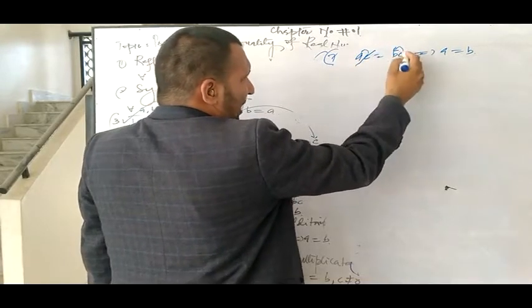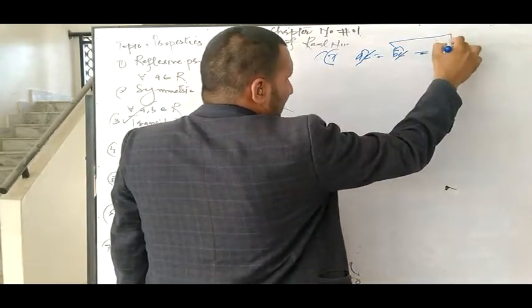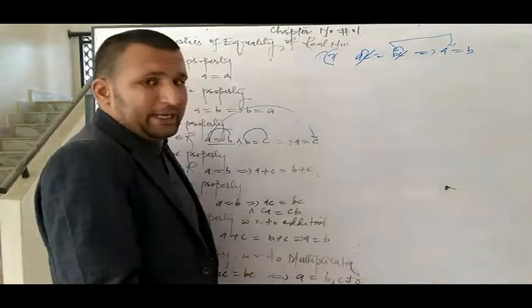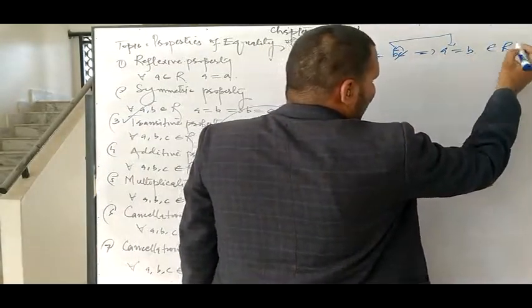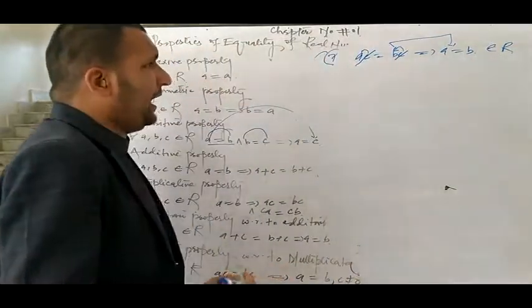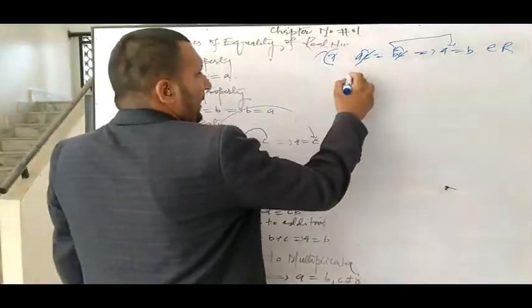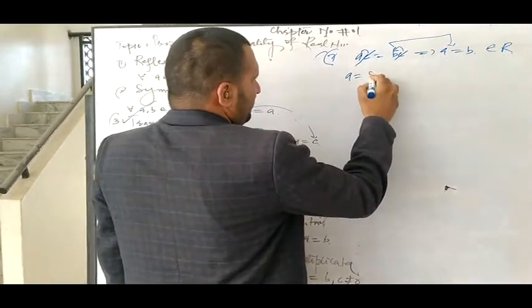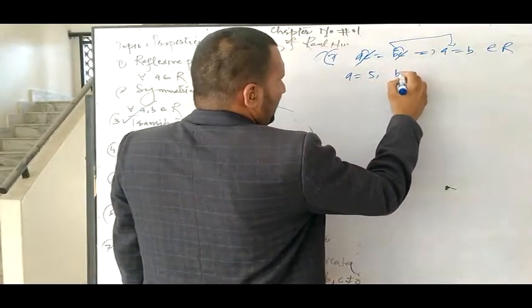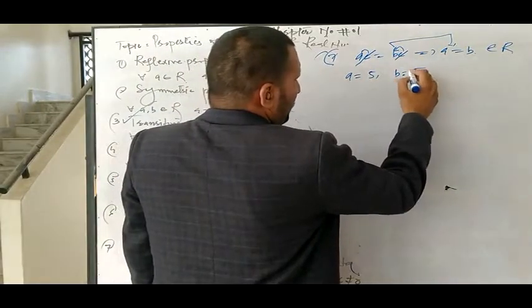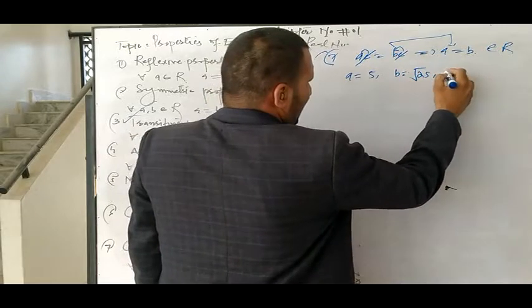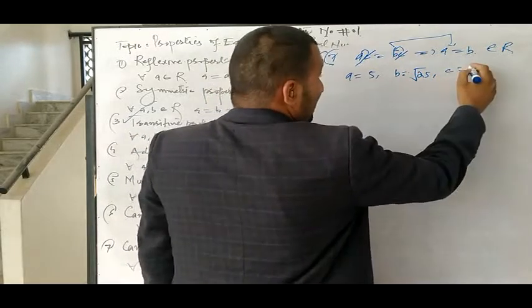Let's suppose A is equal to 5, B is equal to square root of 25 and C is equal to 7.